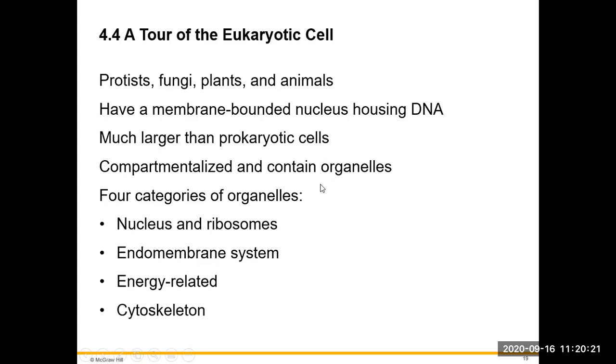They are compartmentalized and contain membrane-bound organelles, and there are 4 categories of organelles we need to see: the nucleus and ribosomes, the endomembrane system, the energy-related system, and the cytoskeleton. We are going to see every one of them.